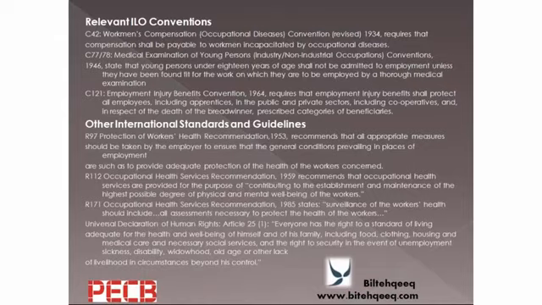And the next one is C121, the Employment Injury Benefits Convention. It requires that employment injury benefit shall include apprentices in the public and private sector, including cooperatives, in respect of the death of the breadwinner and prescribed categories of beneficiaries.